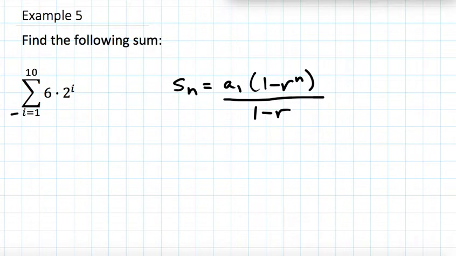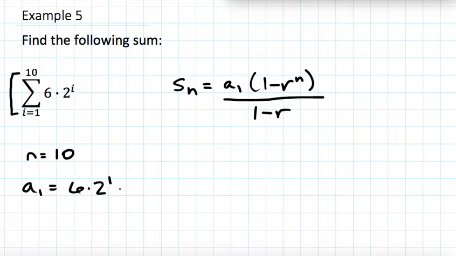So looking at the summation, I'm going from 1 through 10. So that tells me that I'm adding 10 numbers. So n is 10. For the first term, I'm going to plug in 1 for the variable. So 6 times 2 to the first, which is 6 times 2, which is 12.